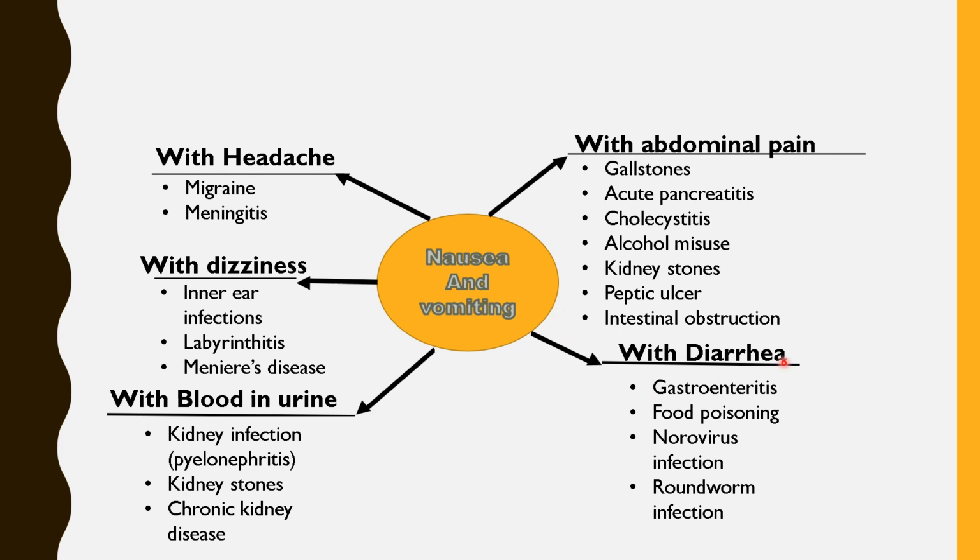With diarrhea, there was gastroenteritis, food poisoning, norovirus infection, roundworm infection. With blood in urine, it was kidney infection, pyelonephritis, kidney stone, chronic kidney disease. With headache, migraine and meningitis. With dizziness, inner ear infection, labyrinthitis, Meniere's disease.